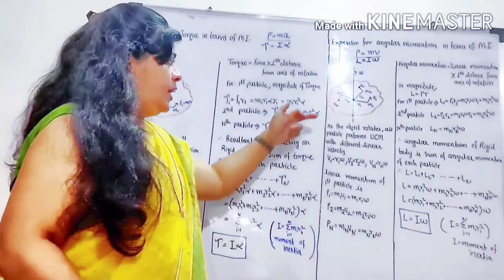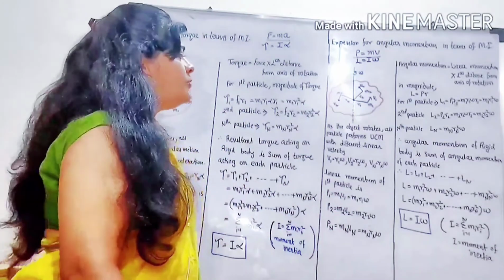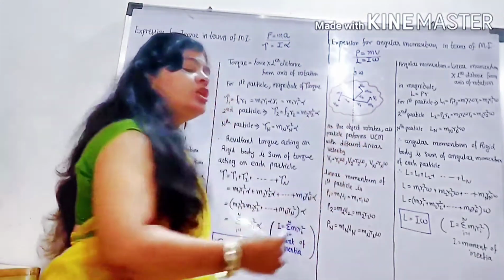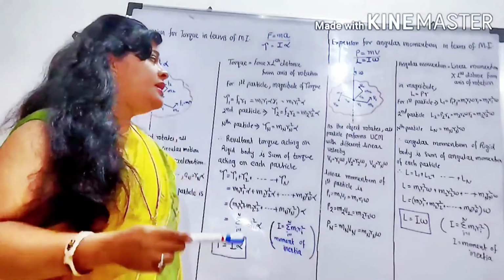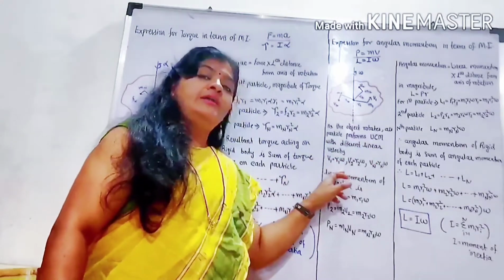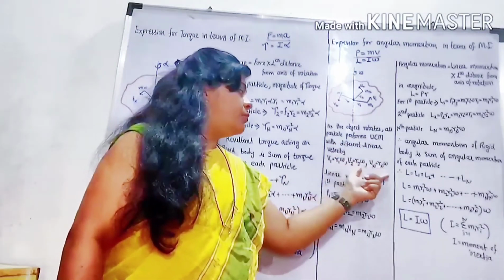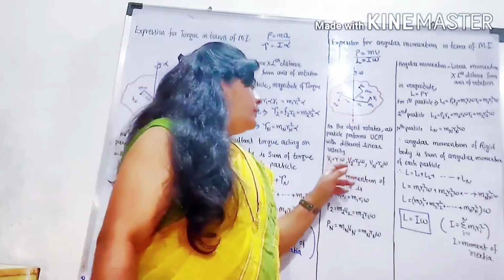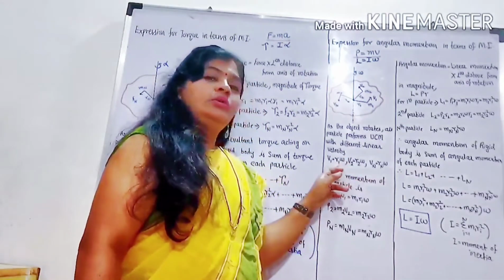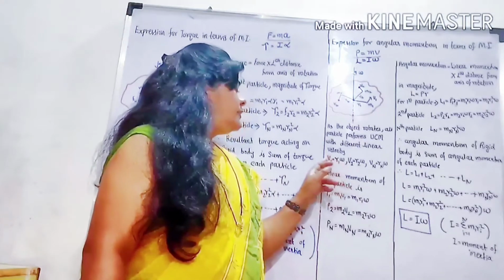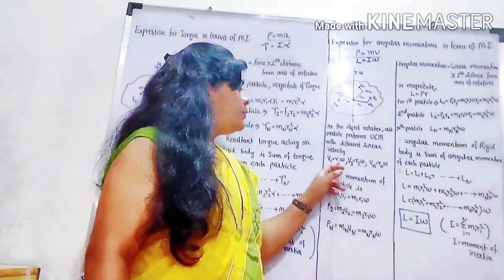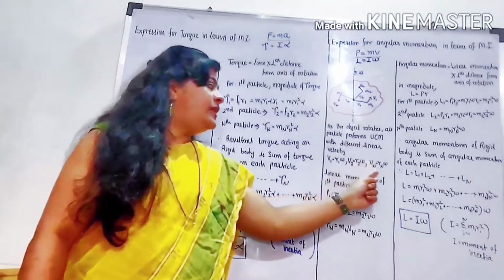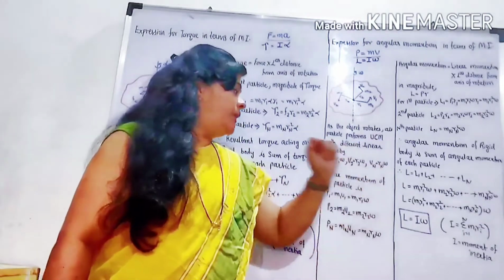As the object rotates, all the particles perform uniform circular motion with different linear velocities, so we write the linear velocity formula: linear velocity is equal to the angular velocity into the radius. That's why v1 is equal to r1 omega, v2 is equal to r2 omega, vn is equal to rn omega.